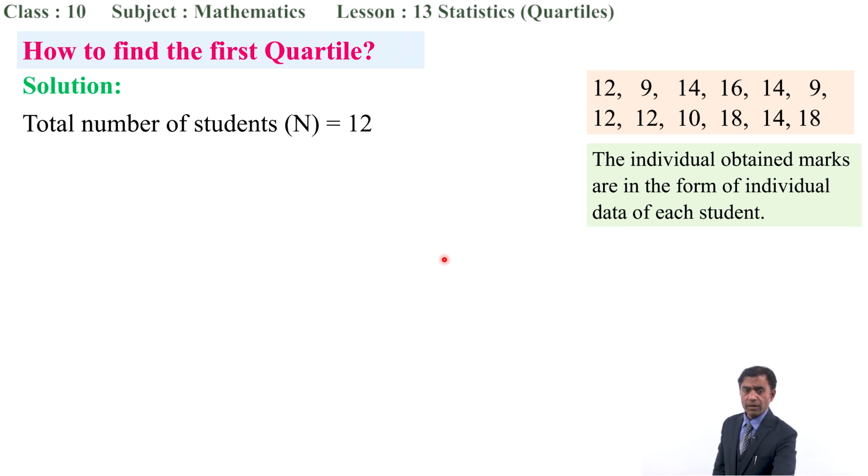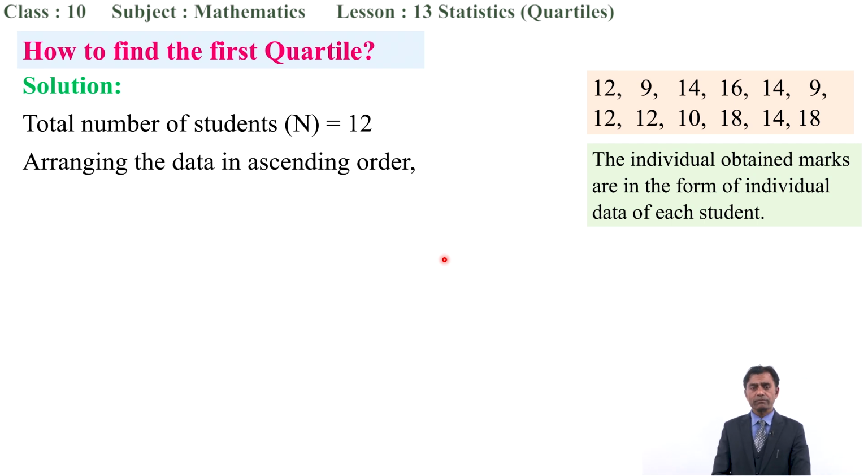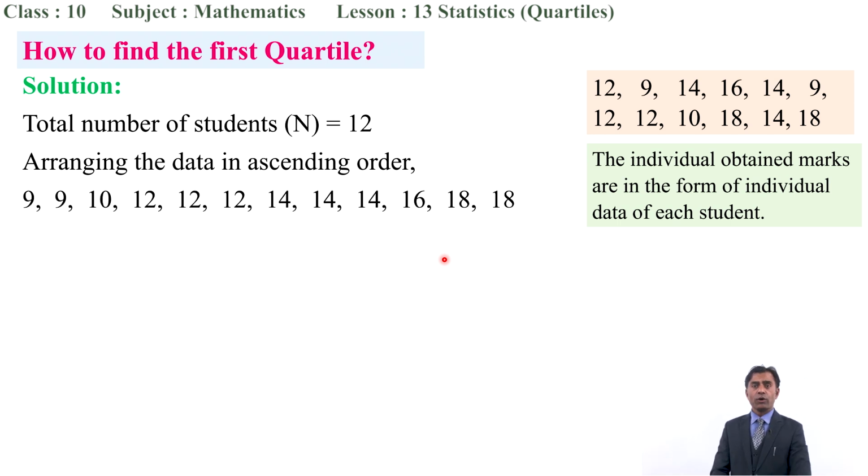So, the total number of students is 12. Now write in ascending order, smaller to greater.